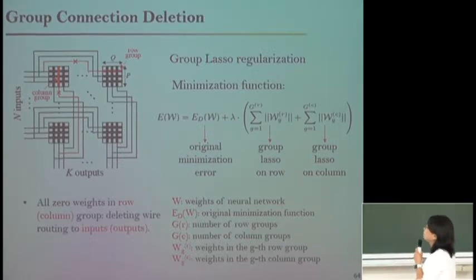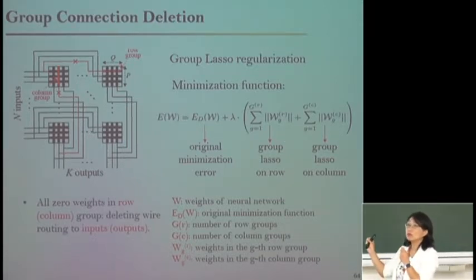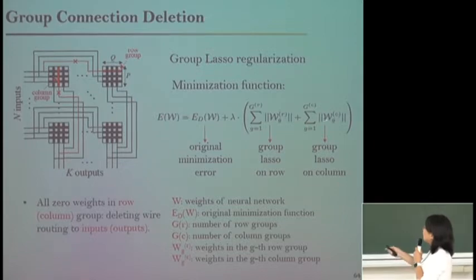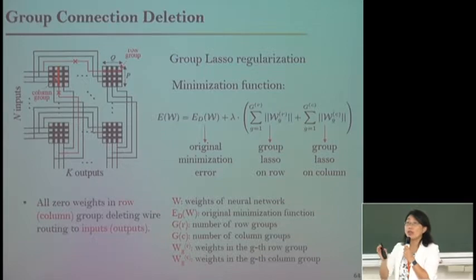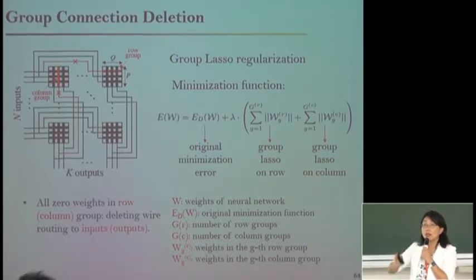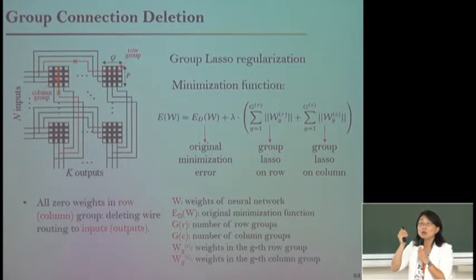So what we do is, on the error function, we add group Lasso functionality. Remember I talked about the L2 norm and then the L1 norm, where the L1 norm is trying to get more zeros. But very important is we do row-level group Lasso and column-level group Lasso. So what we're trying to do is remove the weights on entire rows or entire columns, not one single random weight. Okay.